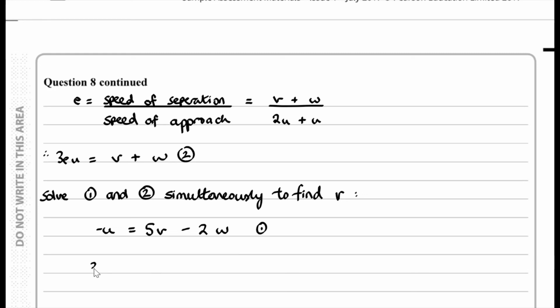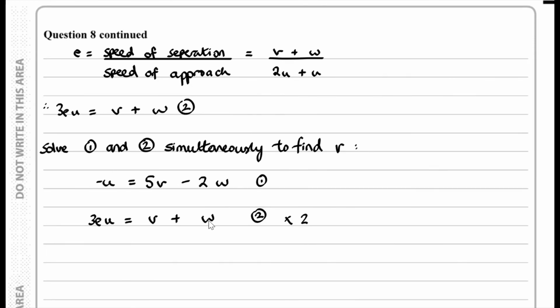Equation 2 was 3eu equals v plus w. If we multiply this equation by 2 to cancel out the w's, we have 6eu equals 2v plus 2w.